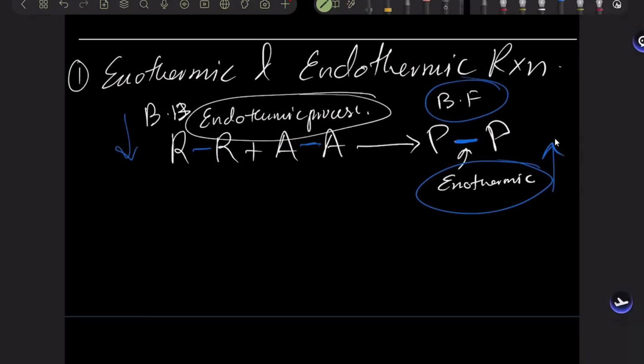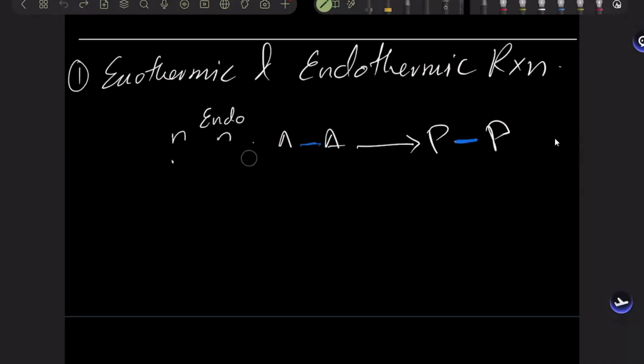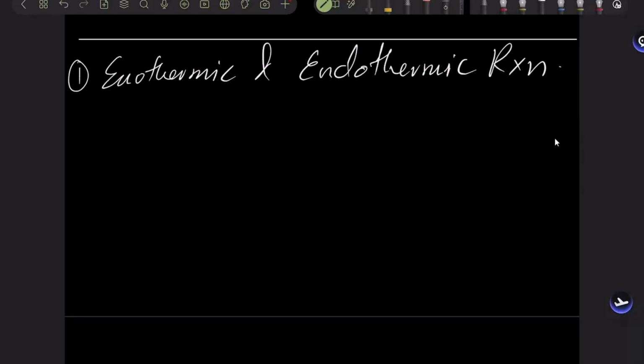Clear? So every single reaction has both these processes, exothermic and endothermic. And whichever of these processes has a greater magnitude, that is what the nature of the reaction becomes. So the first is exothermic reactions.